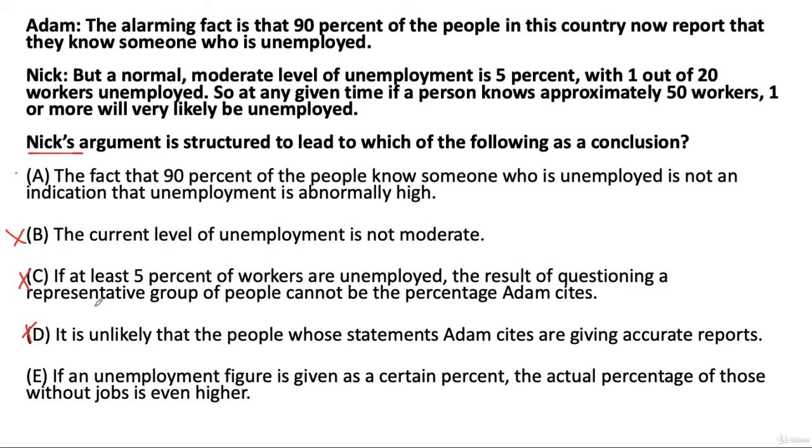We have never talked about the reality and the facts. We are just talking about one important thing, that is, is the alarming rate actually true or not? Hence, this once again becomes an out of context option, and we can very easily choose option number A as the correct answer.